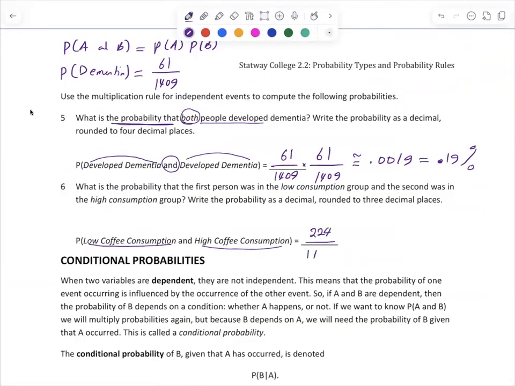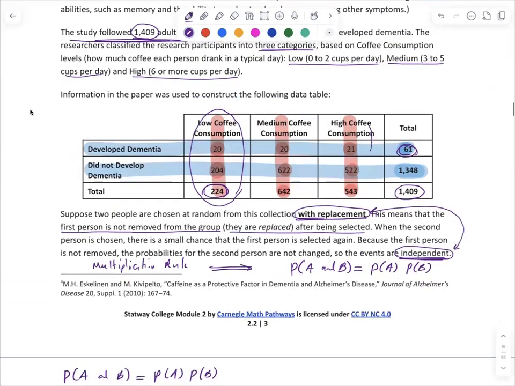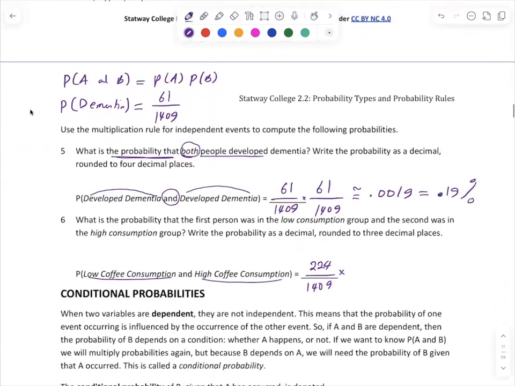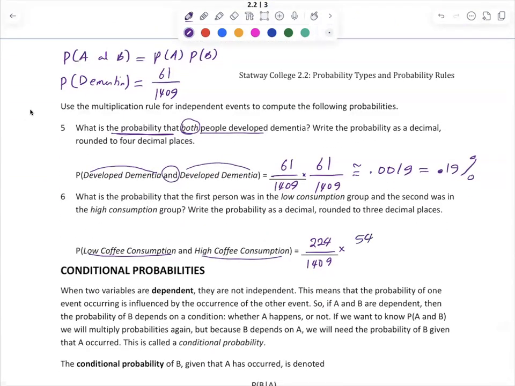224 out of 1,409 times. What is the probability that you select a person from high coffee consumption group? For the high coffee consumption group, in total you have 543. So now you have 543 divided by 1,409. So let me use my calculator and calculate this probability for you. Give me a moment.